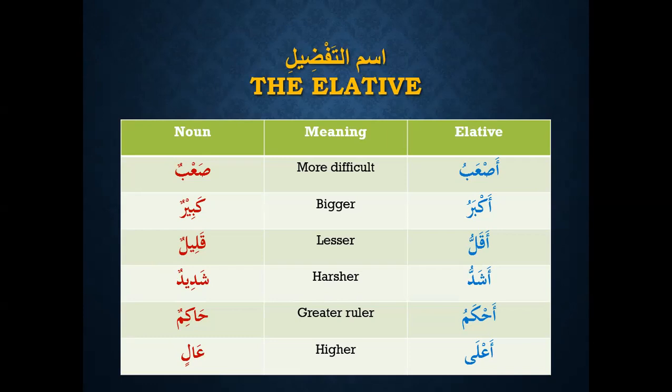Akbar, the biggest or bigger if you want to compare with someone. Aqlal is aqall as asmam, but you have to merge them, those two lams together. So aqal, shifting its sign to the one before it, which is sakin as well, in qaf here, and then combining together. And ashdad becomes ashad, ahkam, a'la.